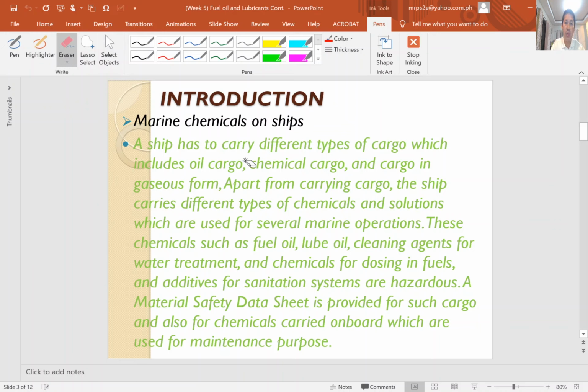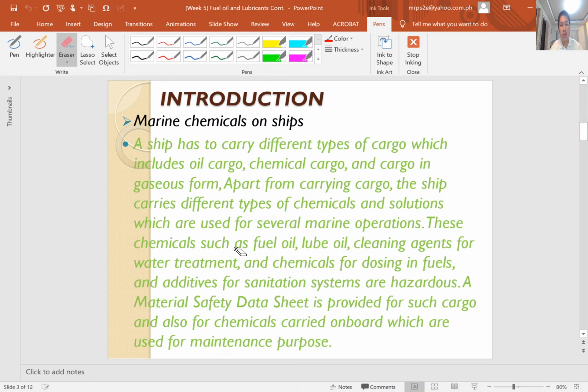A ship has to carry different types of cargo, which includes oil cargo, chemical cargo, and cargo in gaseous form. Apart from carrying cargo, the ship carries different types of chemicals and solutions which are used for several marine operations.